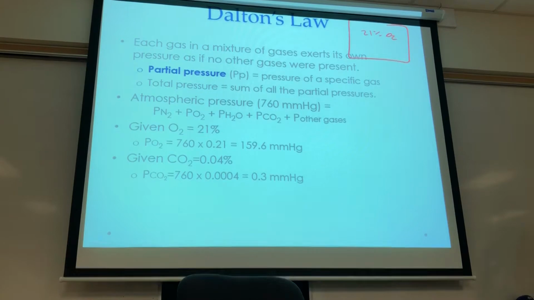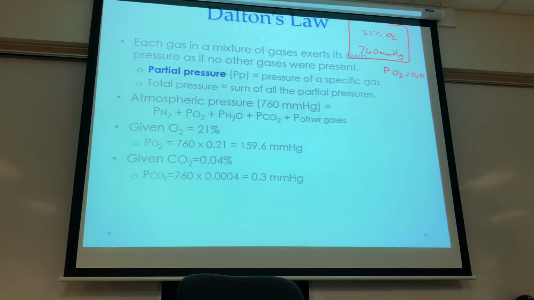We know that the pressure is 760 millimeters of mercury. And for us to be able to measure the partial pressure, like I mentioned earlier, you take 21% times 760. And your partial pressure for O2 comes out to 160 millimeters of mercury.